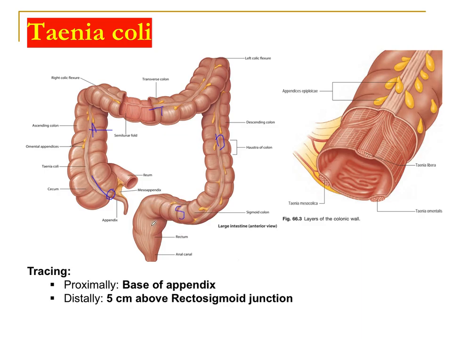This one is the rectum, and somewhere here is the rectosigmoid junction. So right from the appendix to the rectosigmoid junction you will find the tinea coli.